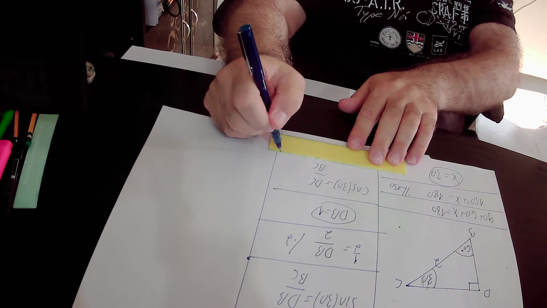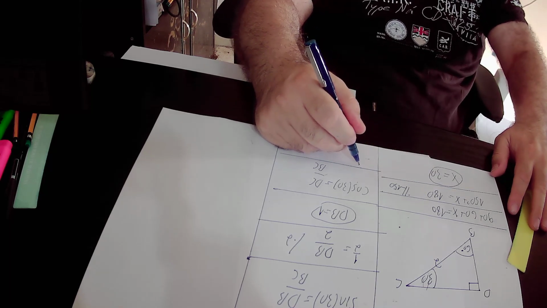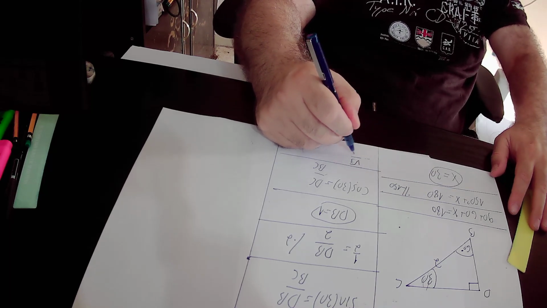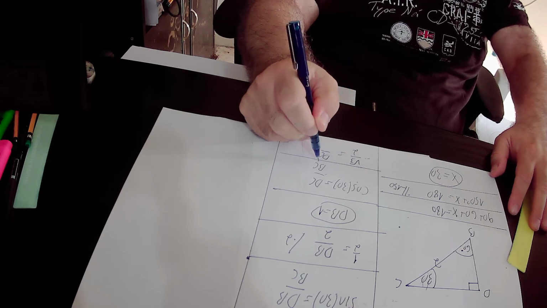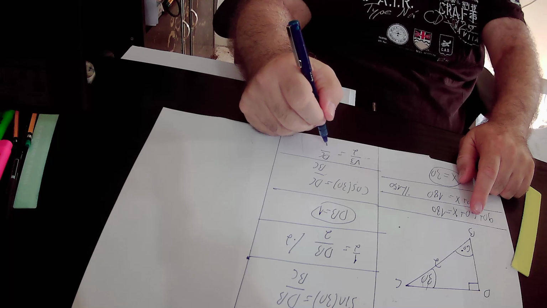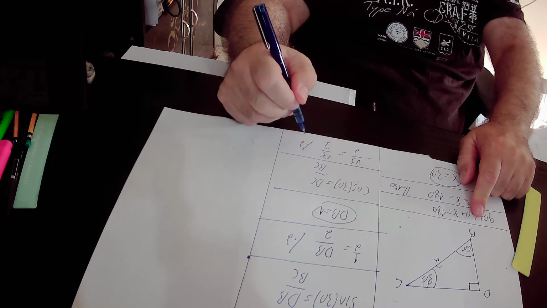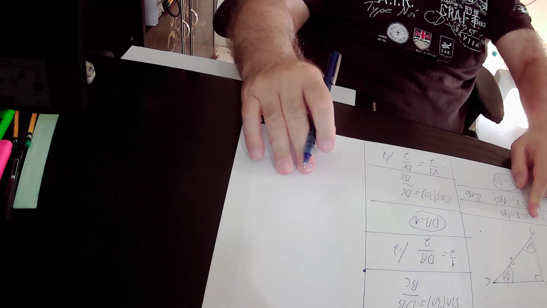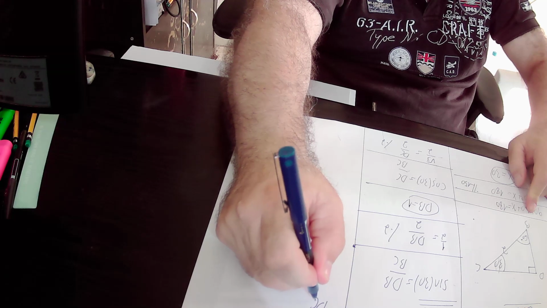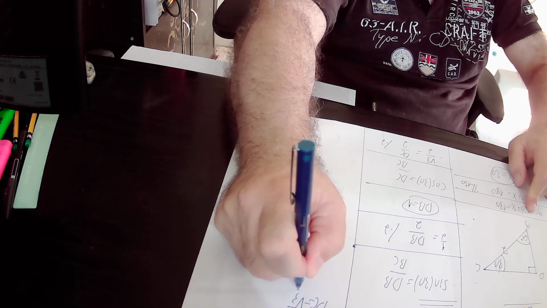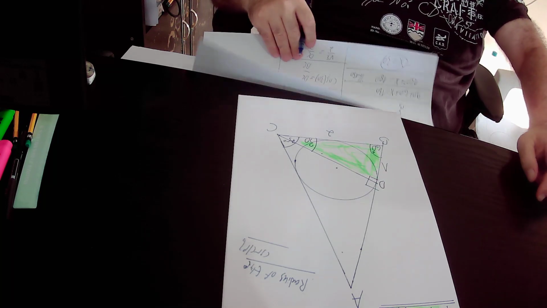Cosine 30 degrees is square root of 3 over 2, and it is equal to DC over BC. BC is 2, so we substitute BC by 2. Here we multiply this equation by 2, and we get that DC equals square root of 3 units. DC equals square root of 3 units here.